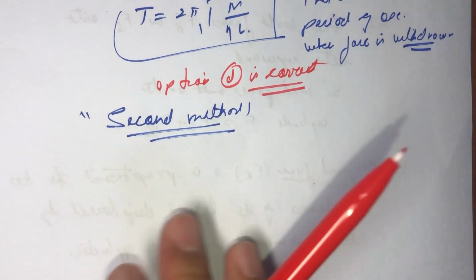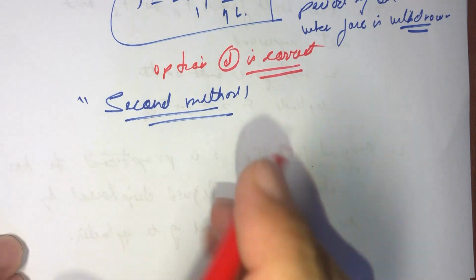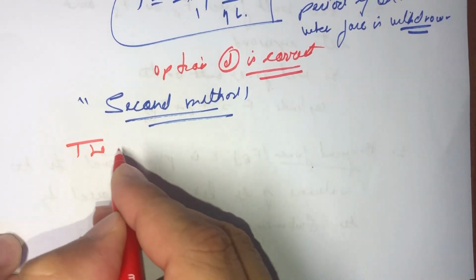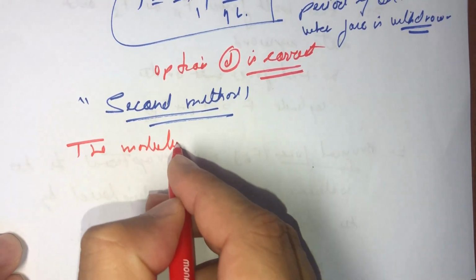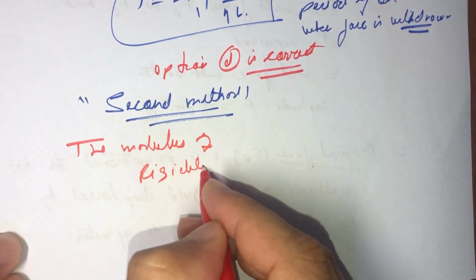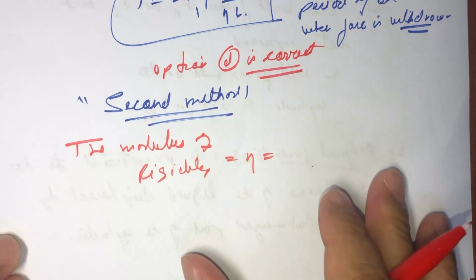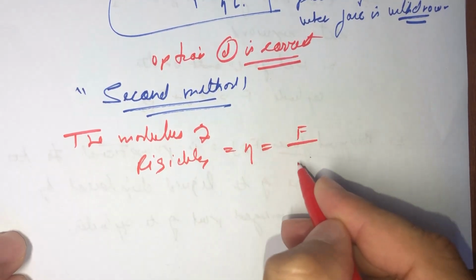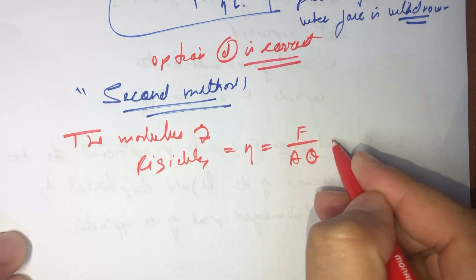So we can say the modulus of rigidity nu is equal to F upon A theta.